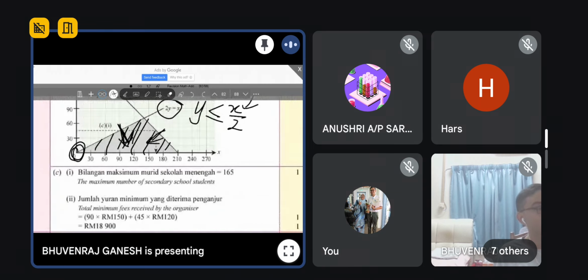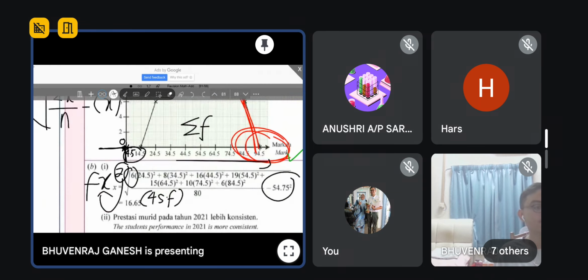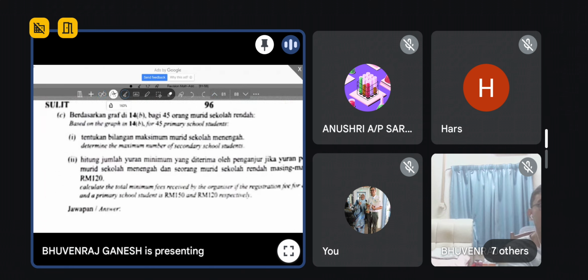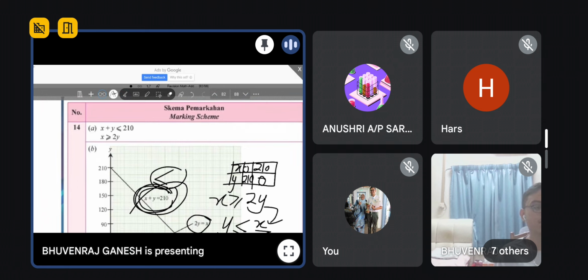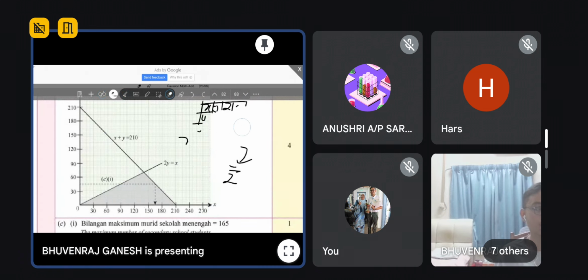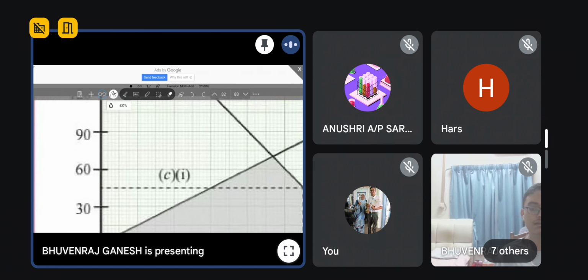Okay, so for C1, they ask you maximum number of secondary school students for 45 primary school. So if 45 primary school, you must draw on the graph lah to check out what is your answer. So if 45 primary school means that y equal to 45, correct?